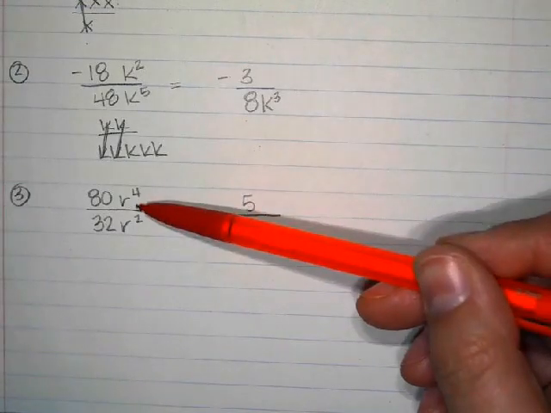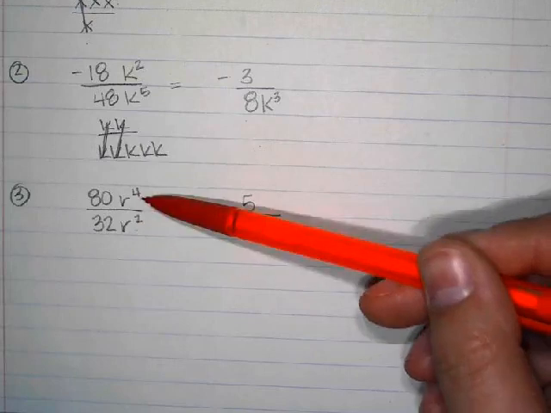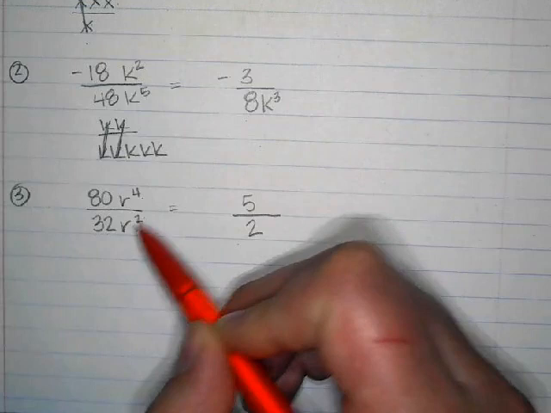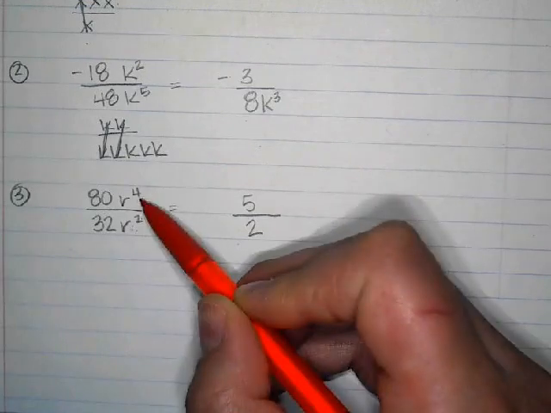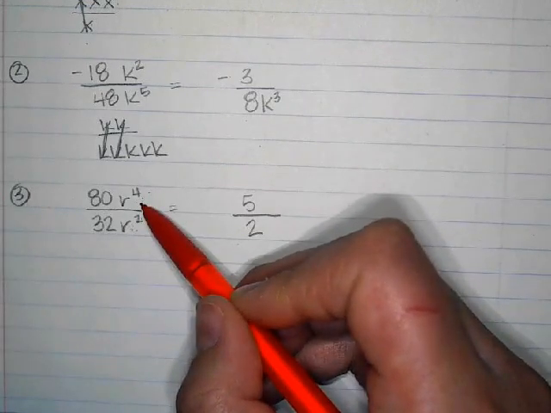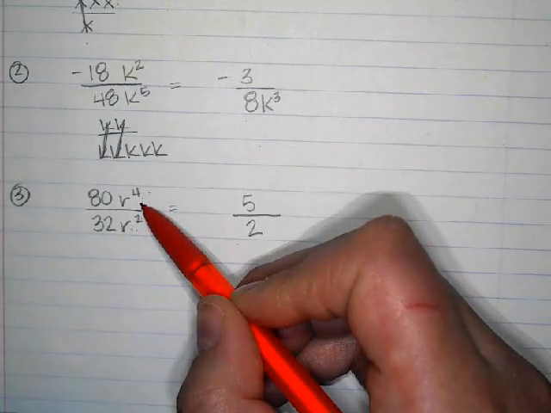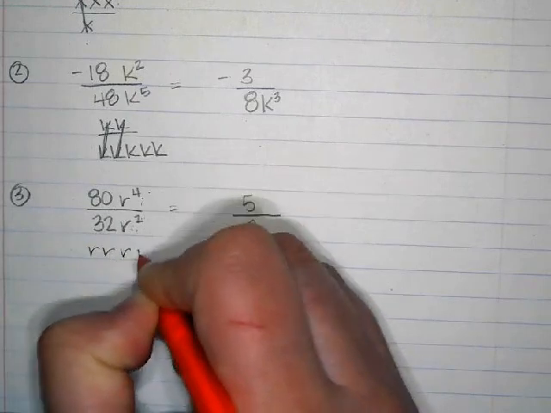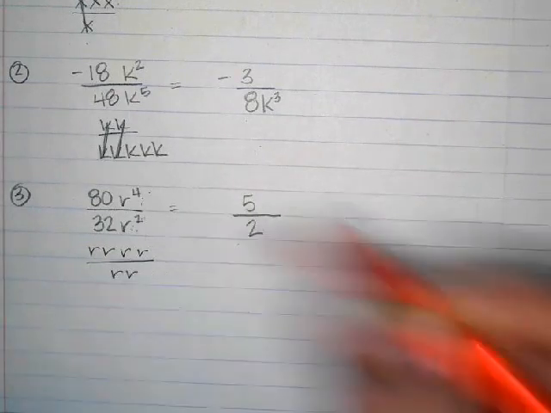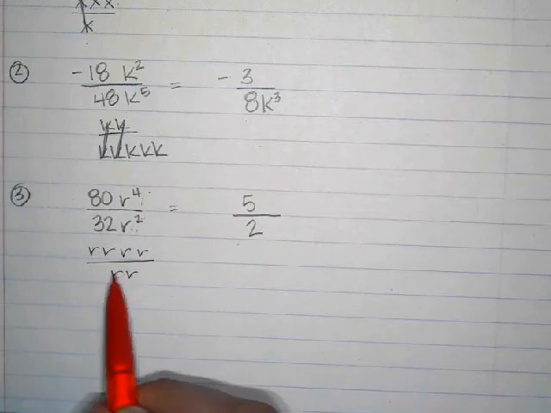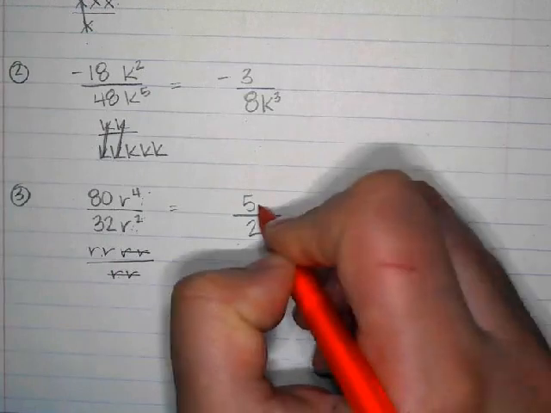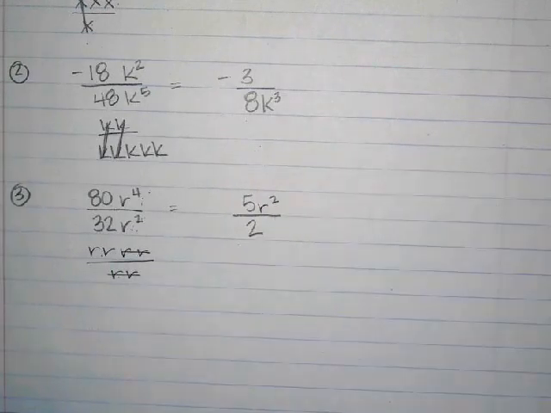I can tell because there's 2 on the bottom and 4 on the top. So 2 of the r's on the bottom are going to cancel with 2 of the r's on the top, and it's going to leave 2 r's behind. So if I write this out, 1, 2, 3, 4, 1, 2, 2 of the r's on the bottom cancel with 2 of the r's on the top, and it leaves 2 left over. So you can always do it without drawing it out, but if you need to draw it out, you can. It's up to you.